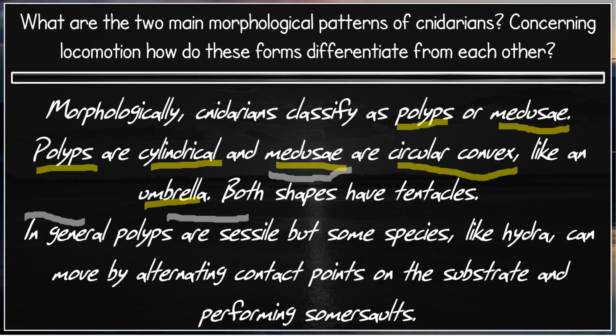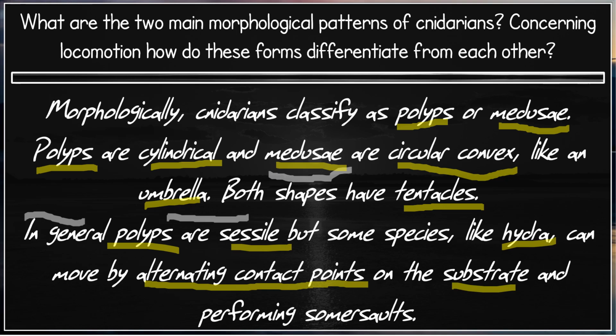Both shapes have tentacles. In general, polyps are sessile, but some species, like hydra, can move by alternating contact points on the substrate and performing somersaults.